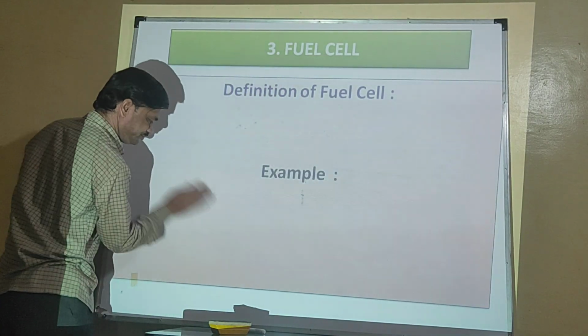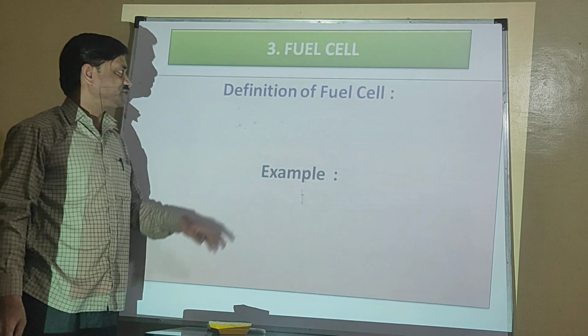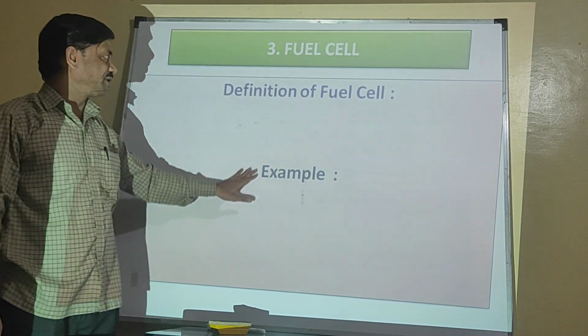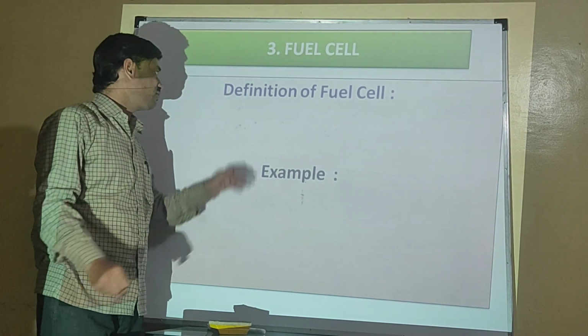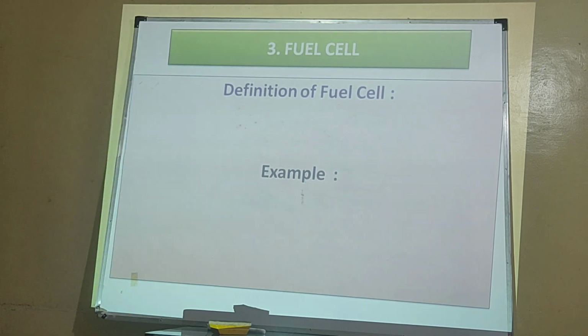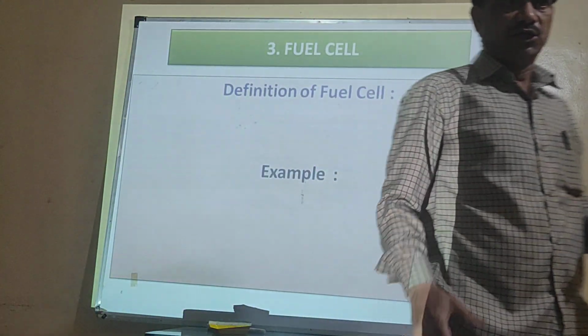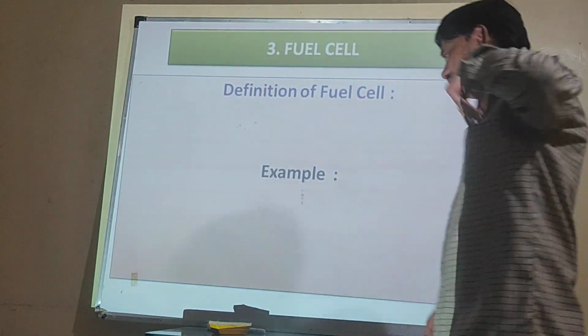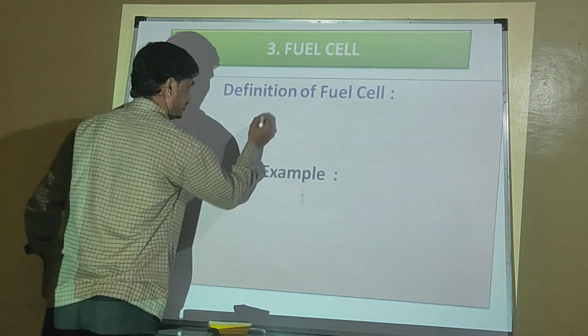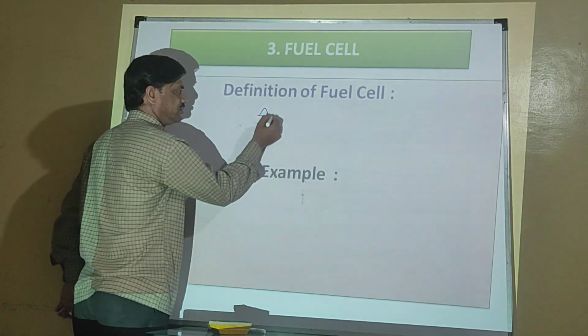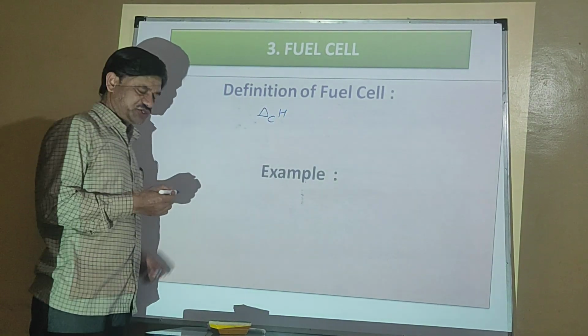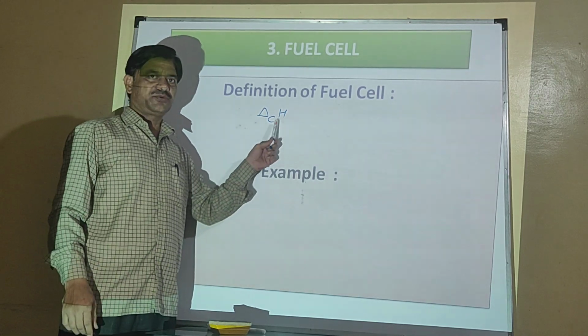What is the next point? In the next point we are going to discuss the fuel cell. What about example? Its construction and working. So can you tell me what do you mean by a fuel cell? So remember here, those cells which directly convert, what happens? Can you tell me from thermo? This is what? Delta H, that is heat of combustion.